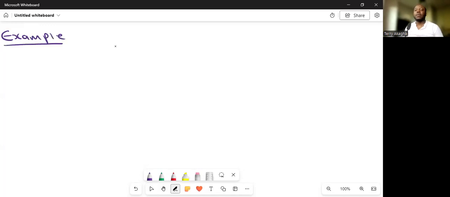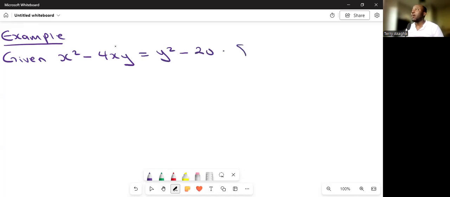Let's pick this example now. We're given x squared minus 4xy is equal to y squared minus 20.